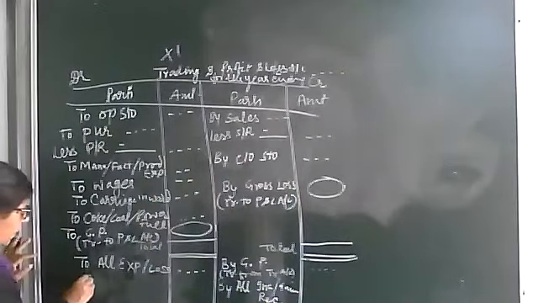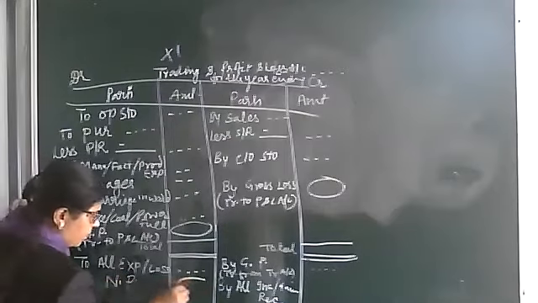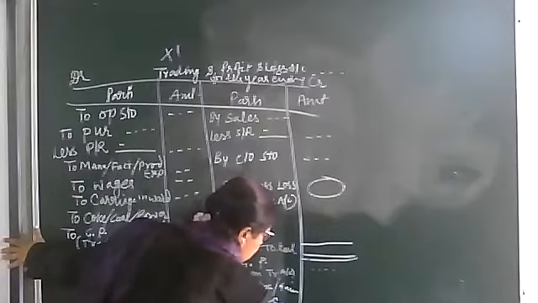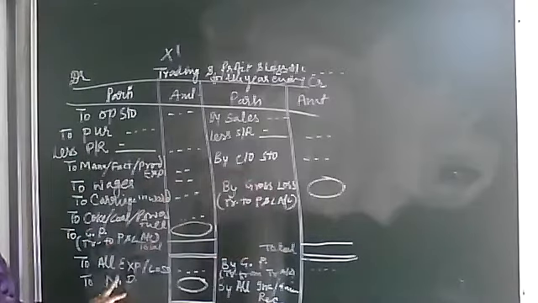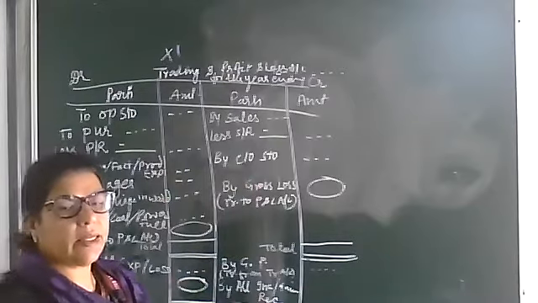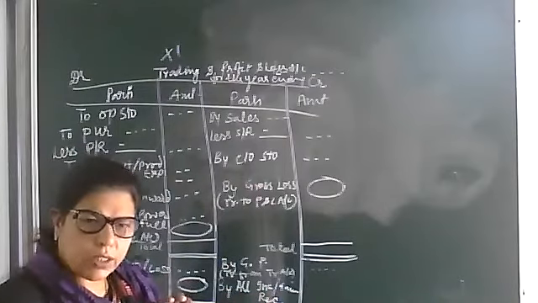Now the remaining amount will be termed as net profit. If the amount remains in the debit, that is net profit. If the amount remains in the credit, that is net loss. Okay, got it?